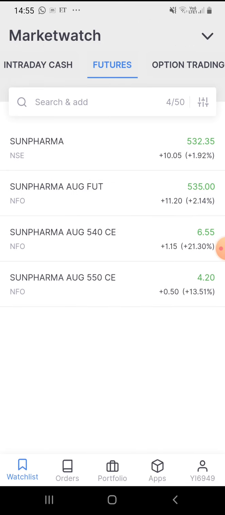Okay, now we can check how much it is required. So our calculation is the current value of Sun Pharma is 535. You are thinking that Sun Pharma will now move up to 545, and you add 540 CE, 550 CE also. This is an important point of options.